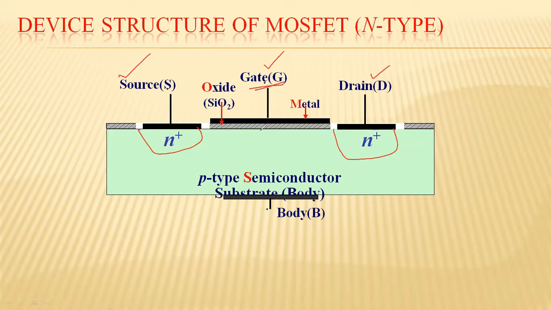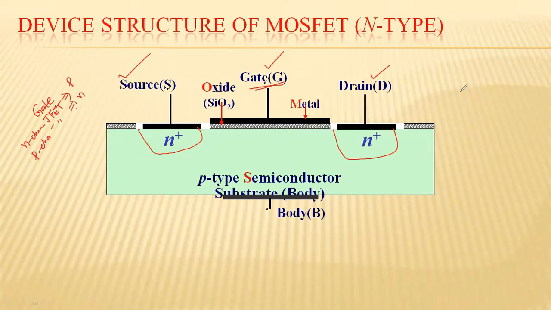That means for JFET, actually the gate is of semiconductor material. So if it is N-channel JFET, then the gate is of P type. If it is P channel JFET, then the gate is of N type.